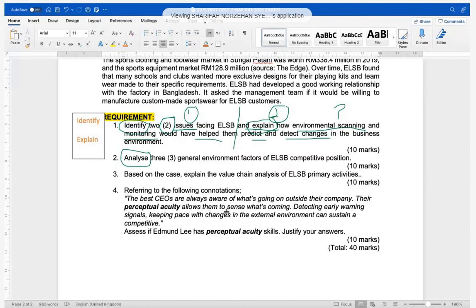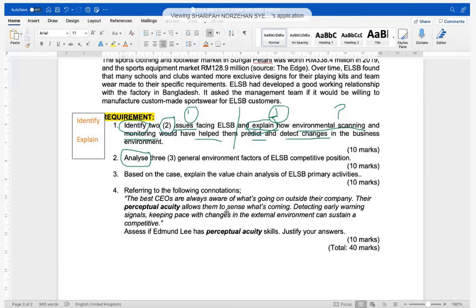What do you understand about general environment factors from what you have studied? External factors. Which external factors are you going to use in this context?